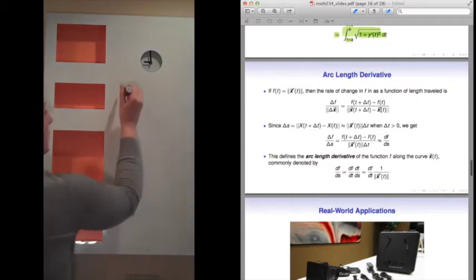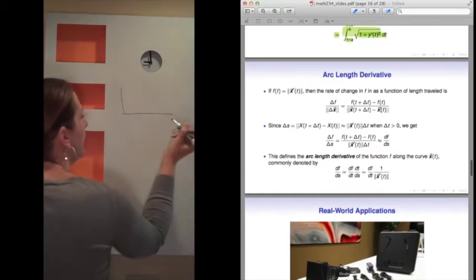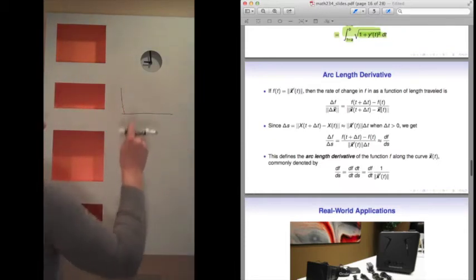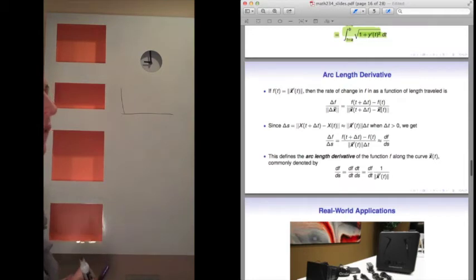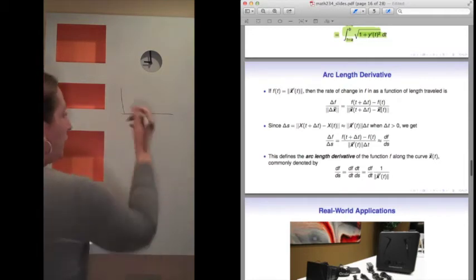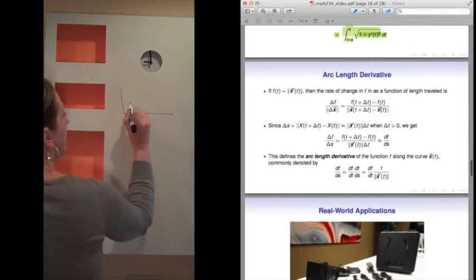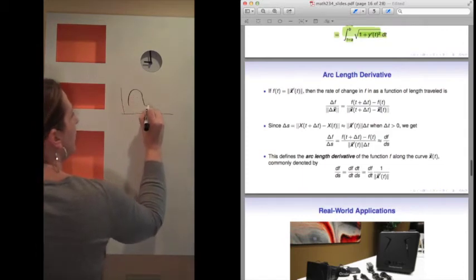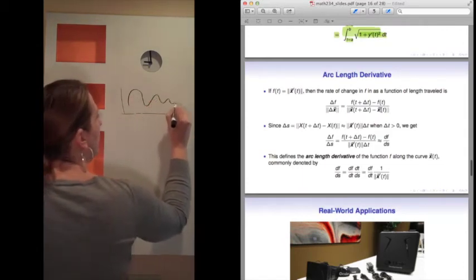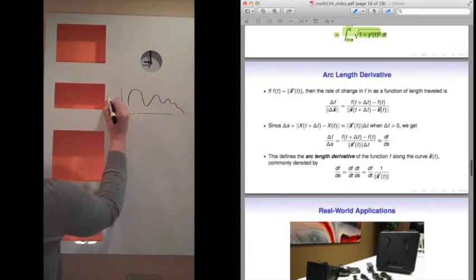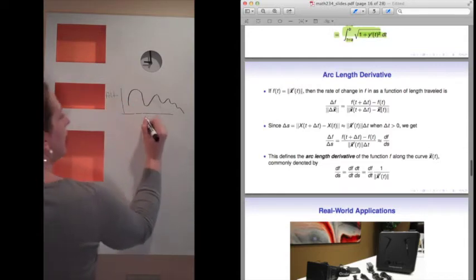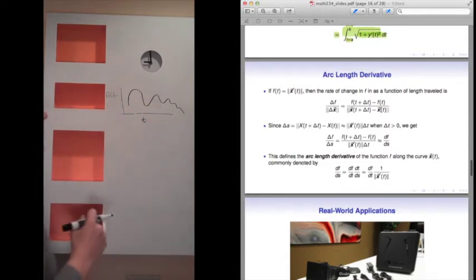So one way to understand the difference between a time derivative and an arc length derivative is to think about you're driving through the mountains. So I'm driving up the mountain and down the mountain and up the mountain and down the mountain and so on. And say the function I'm graphing here is altitude, and here we have time.